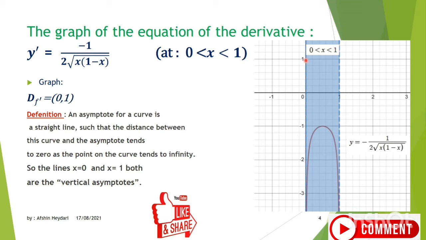Two parallel vertical asymptotes. This line is x equals 0 and this line is x equals 1.